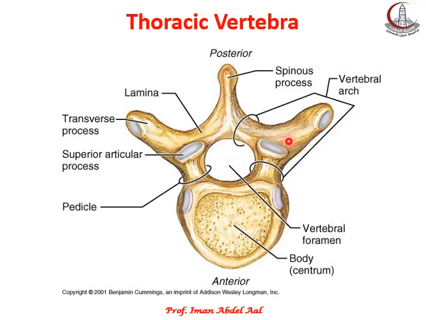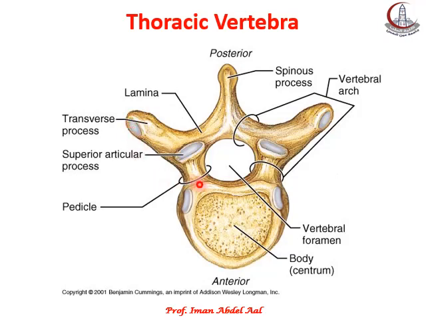At the union of the pedicle with the lamina, I can see superiorly what is called the superior articular facet. On the inferior aspect, I have the inferior articular facet, and laterally I have a transverse process.